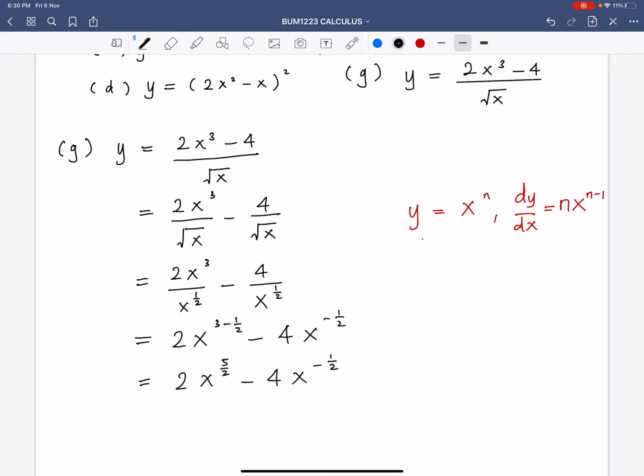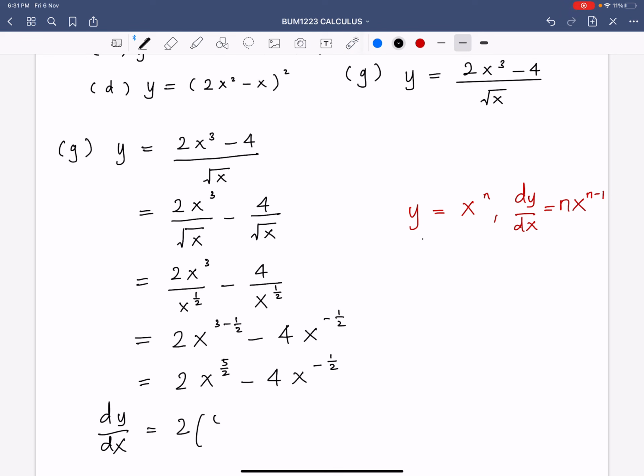Okay, now we can find dy dx because this and this are already in the form of x power of n. Then dy dx is equal to, the constant remains there, and then we have x power of 5 over 2, x power of n, where n is 5 over 2. So 5 over 2 times x power of 5 over 2 minus 1.